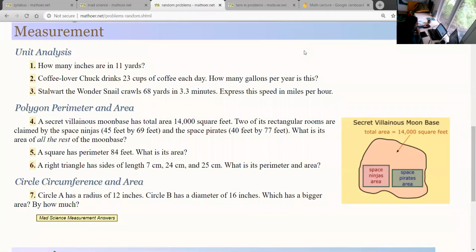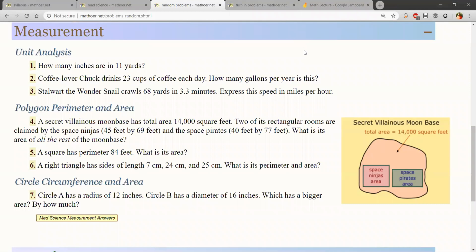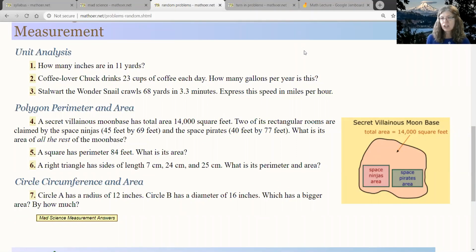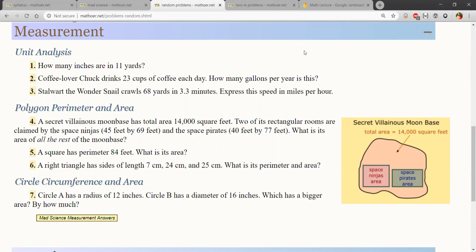Which of these should we do? Let's do number 4 just because I like that it talks about space ninjas and space pirates and all that.